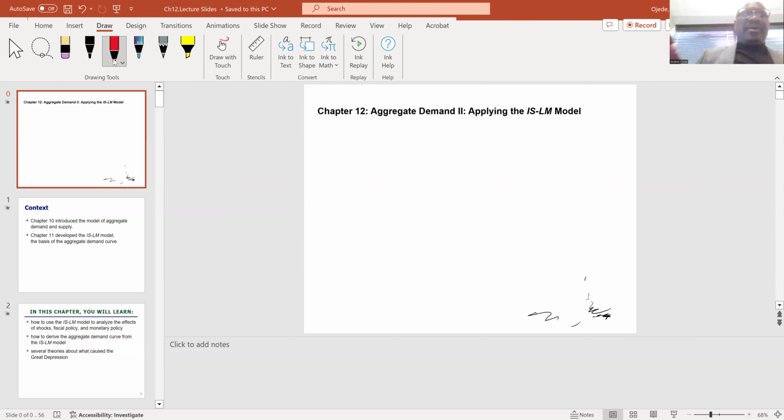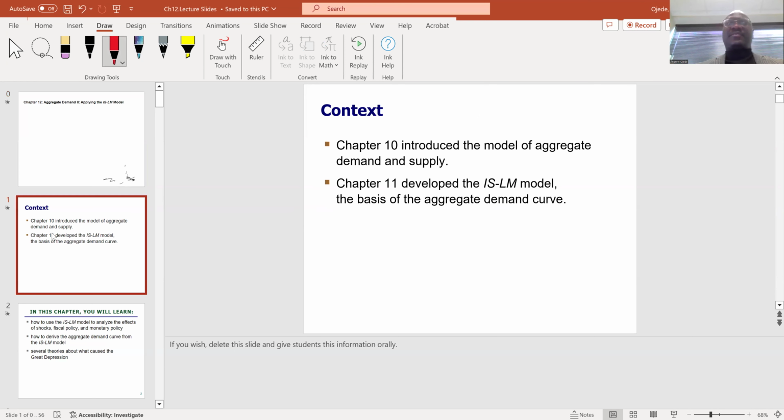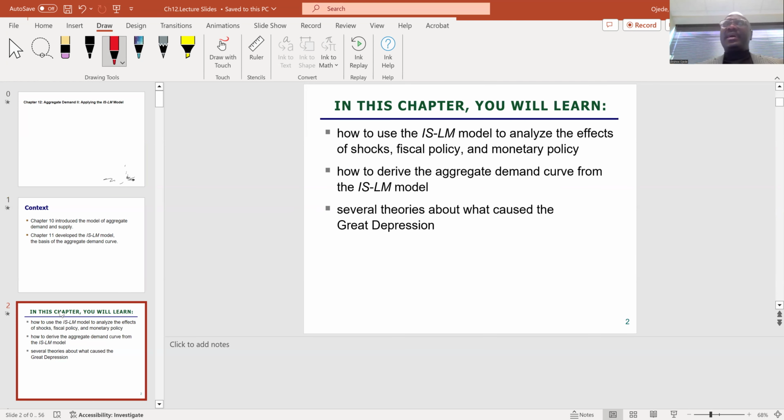So here's the context of this chapter. Chapter 10 introduced a model of aggregate demand and aggregate supply. Chapter 11 developed the IS-LM model, which is the basis for the aggregate demand curve. In this chapter, we're going to use the IS-LM model to analyze the effects of shocks.